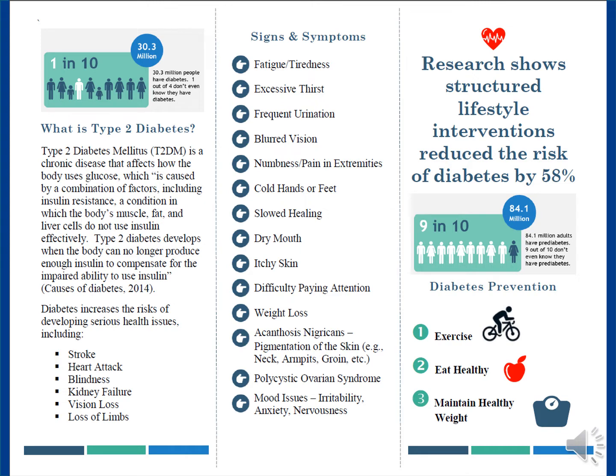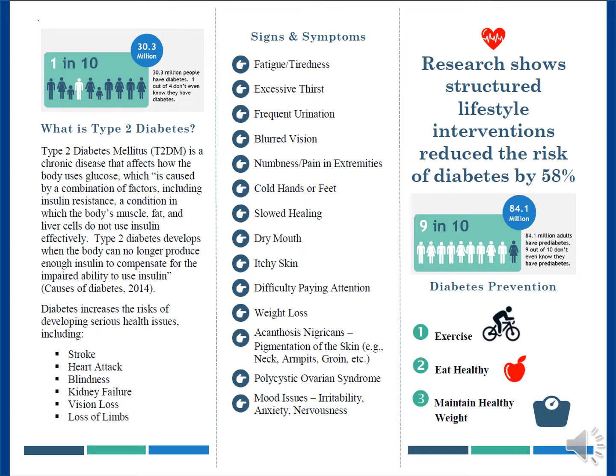Others are cold hands or feet, slowed healing, dry mouth, itchy skin, difficulty paying attention, weight loss, acanthosis nigricans, which is the pigmentation of the skin that is shown by areas of dark, velvety discoloration in body folds and creases, and the affected skin can become thickened. Most often, acanthosis nigricans affects the armpits, groin, and neck. Other signs and symptoms are polycystic ovarian syndrome in women and mood issues, irritability, anxiety, and nervousness.